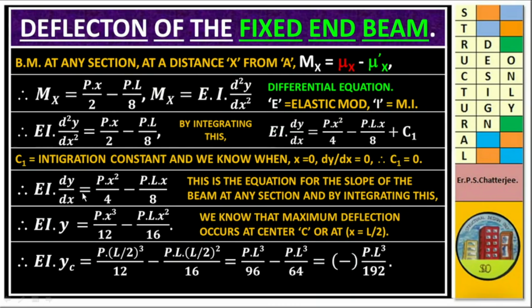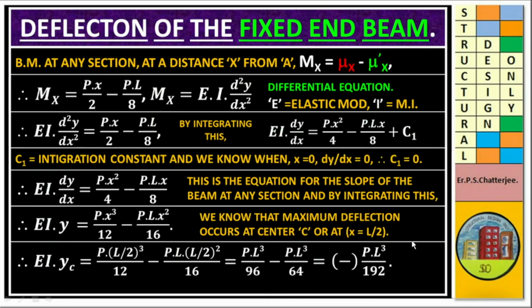So, the equation will be EI dy dx is equal to P into x squared by 4 minus P into L into x by 8. This is the equation for the slope of the beam at any section, and by integrating this, EIY is equal to P into x cube divided by 12 minus P into Lx square by 16.